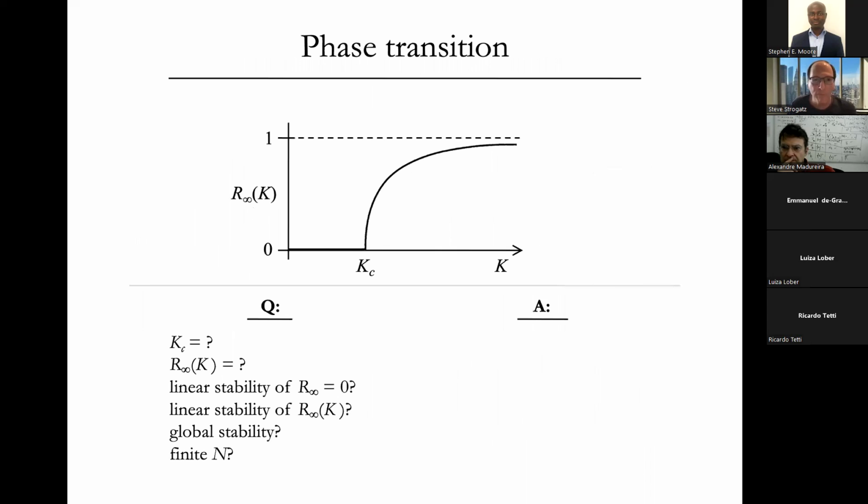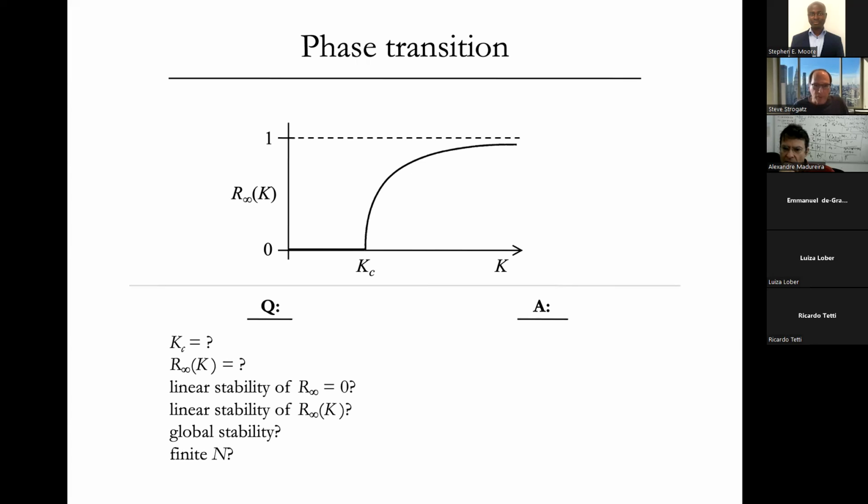So what Kuramoto found is that the R depends on K in a manner that looks like a phase transition, that he predicts in the infinite n limit, the system will have zero order until some critical value K sub C. And after that, it rises like a square root and then asymptotes to 1 as K goes to infinity.